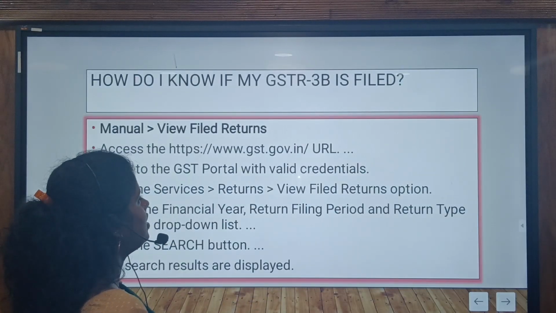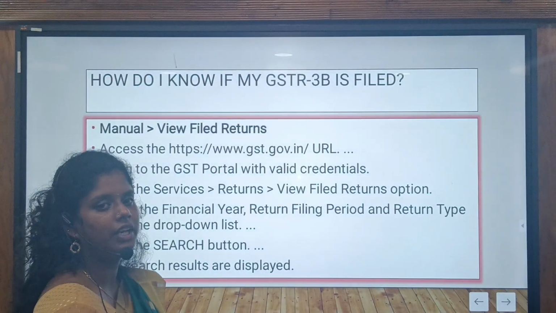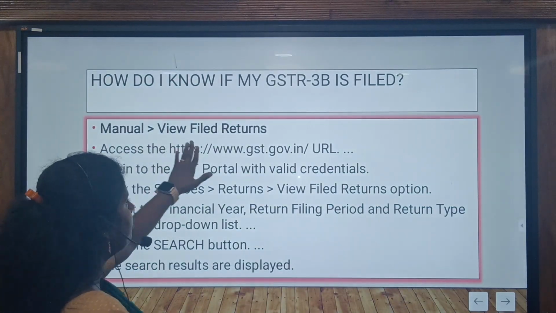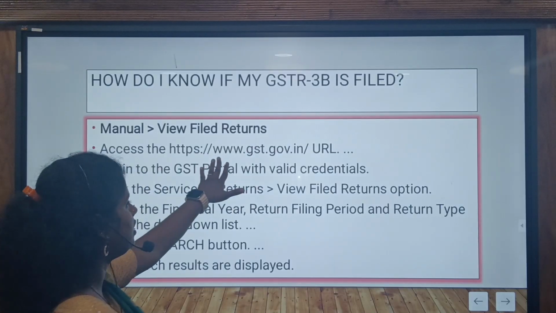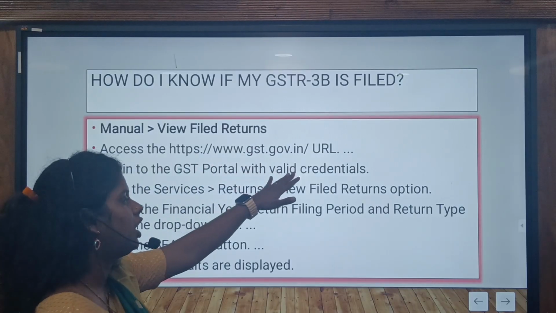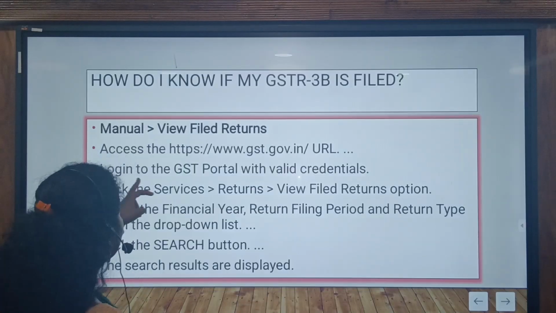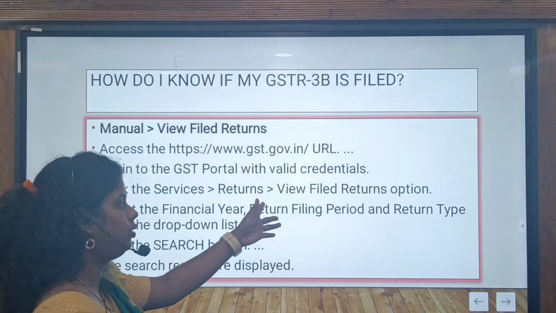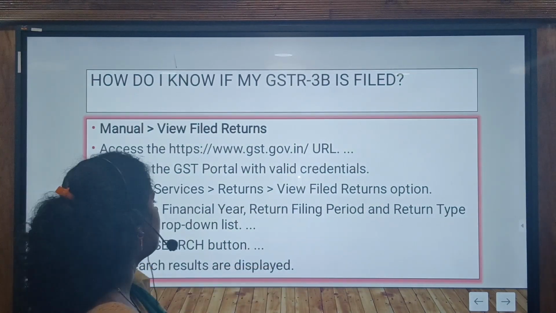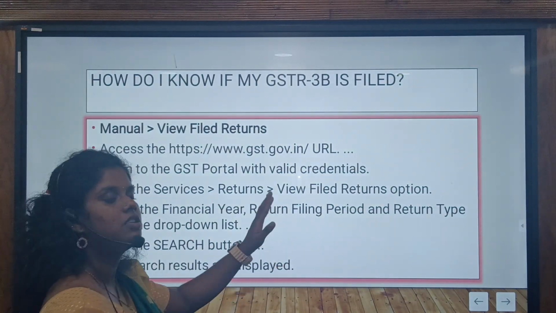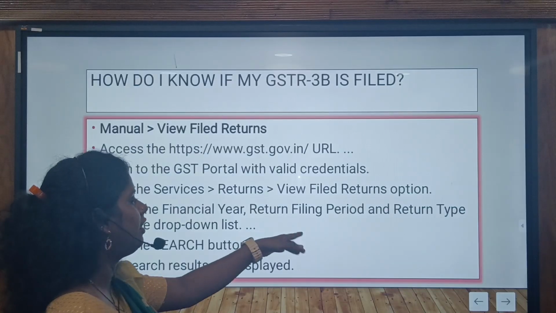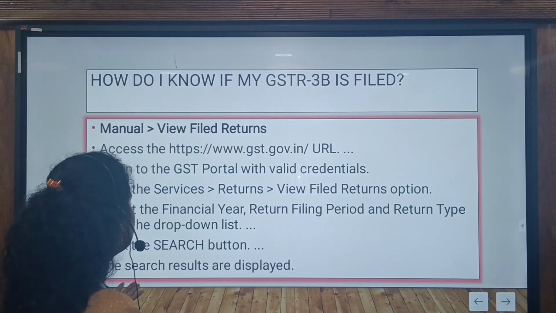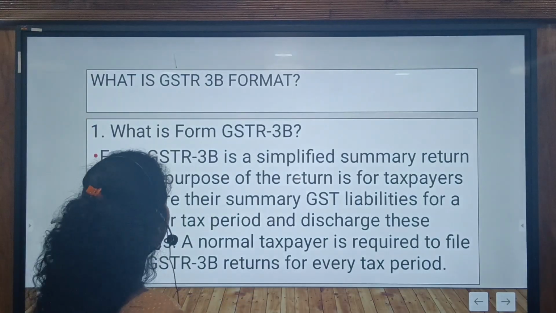So how can we know whether the GSTR 3B has been filed? View filed returns through the access of www.gst.gov.in. Log into the GST portal with valid credentials. Click on Services, go to Returns, and select the View Filed Returns option. Select the financial year, return filing period and return type from the drop-down list and click the search button; the search results are displayed.